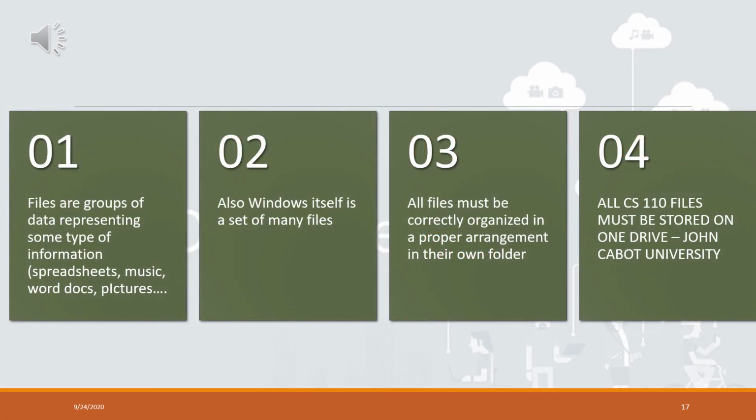So once we understood that everything is a file, that also Windows is a set of files, and files must be correctly organized, all CS110 works, documents, files, in other words, must be stored on the shared OneDrive, Microsoft OneDrive, a special memory area of 1 terabyte offered to each JCU student and faculty, of which the next slide will talk to you about.